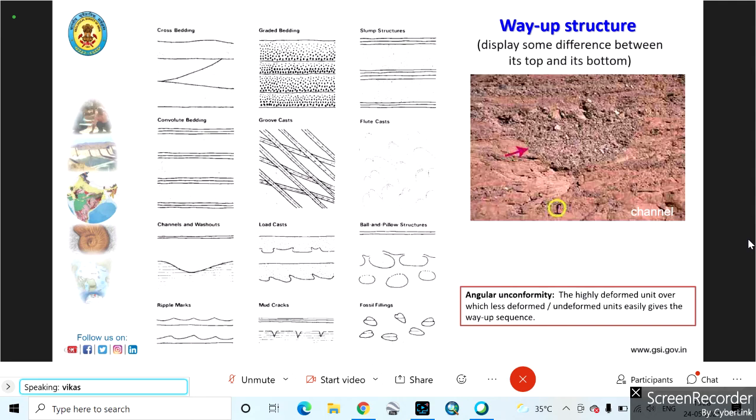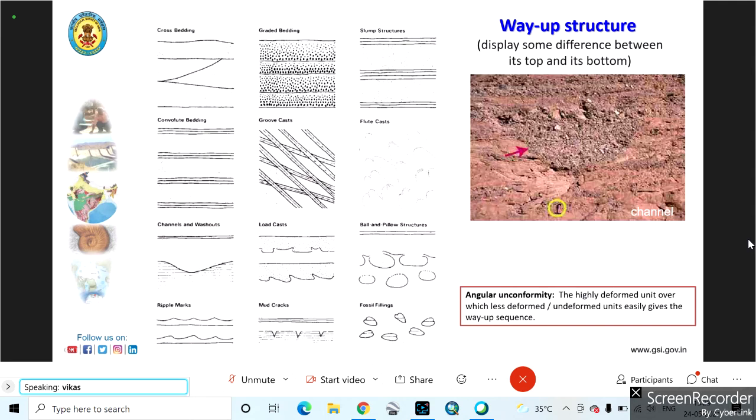As you can notice, there are a number of structures there like cross bedding, graded bedding, slump structures, convolute bedding, groove cast, flute cast. These are all your tool marks. Then load cast, ball and pillow, some fossil fillings or mud cracks. Then there are some very rarely found ones like rain imprints, and also angular unconformity.